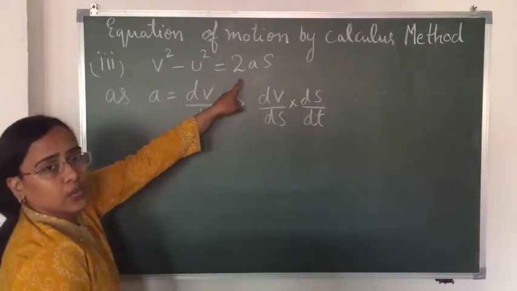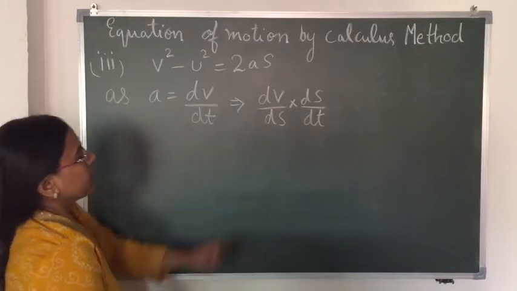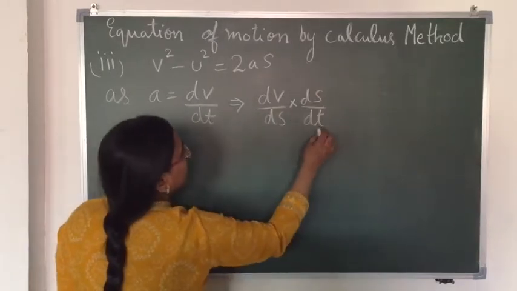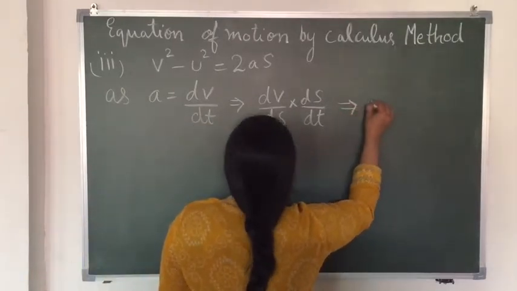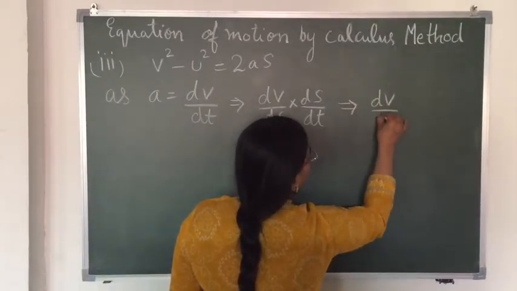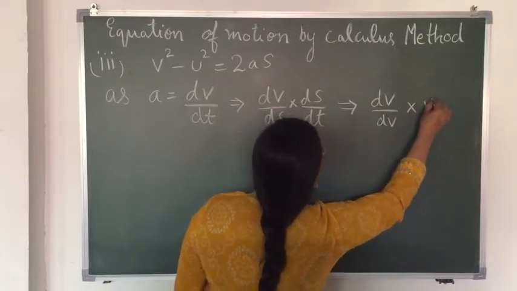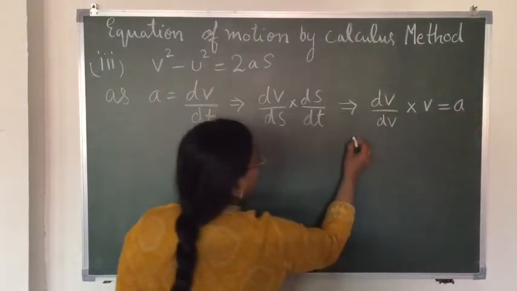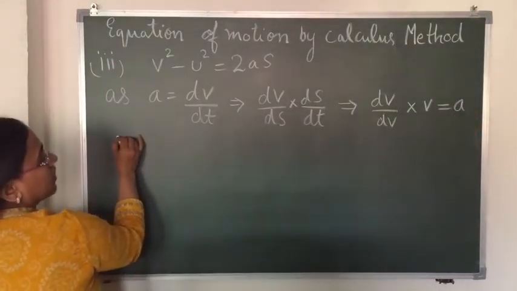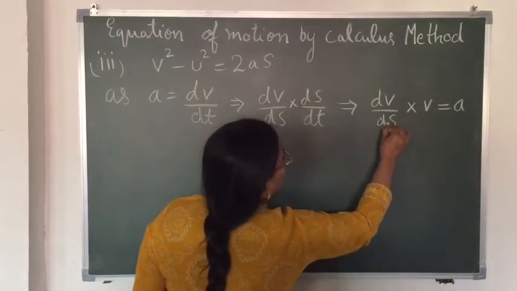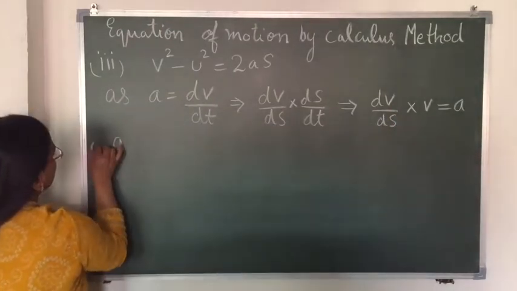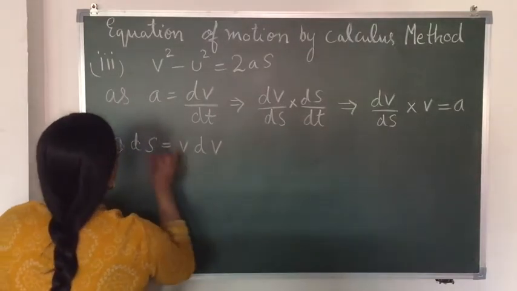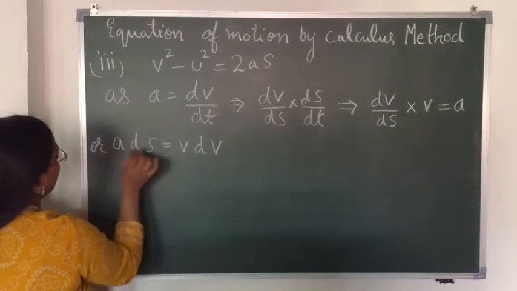In order to get this, we have added this step as dv by ds into ds by dt. ds by dt is v. So dv by ds into v is equal to a, or a ds = v dv.